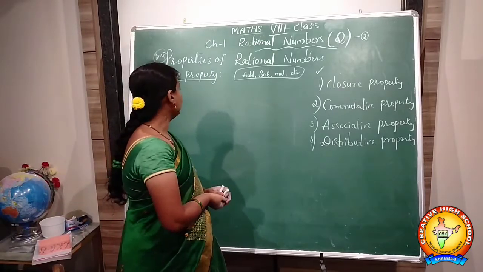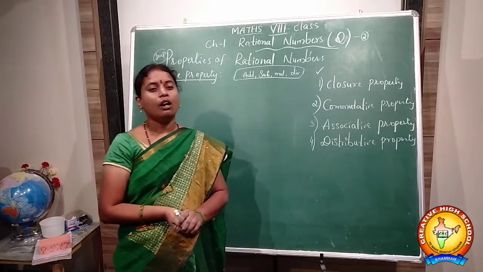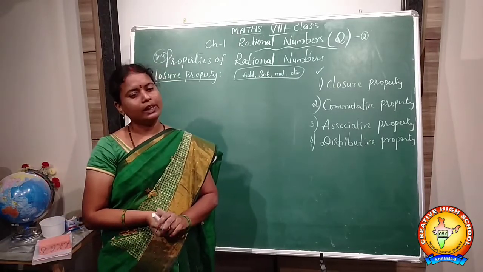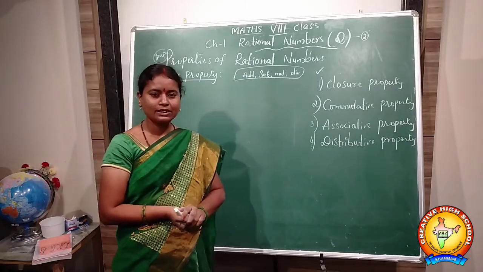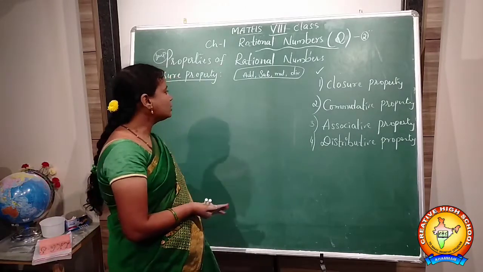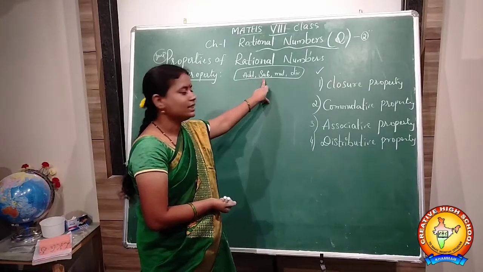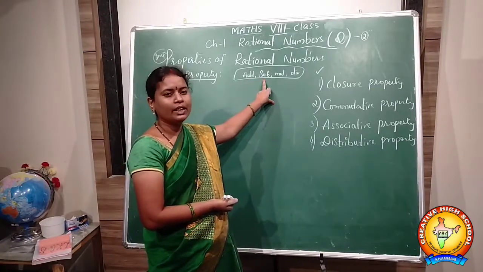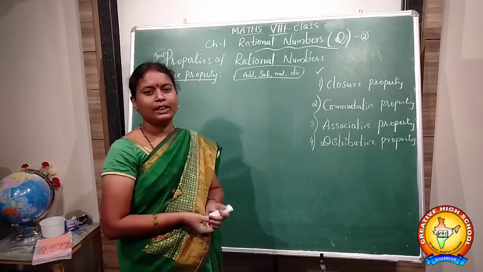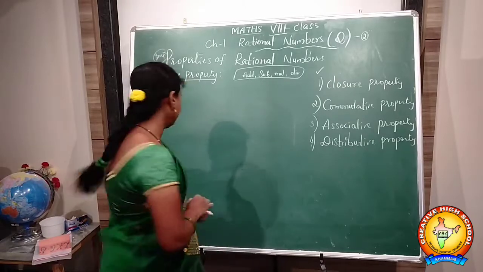So now we are going to learn about the closure property of all the whole numbers, all the integers and all the rational numbers, and also we have to apply all the basic operations: addition, subtraction, multiplication and division. Listen carefully. These properties are very important.